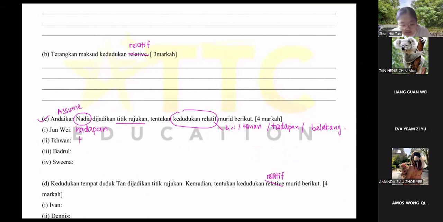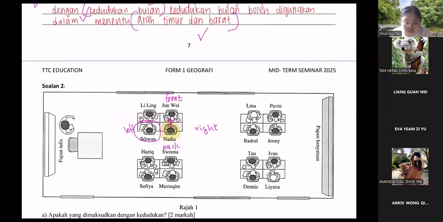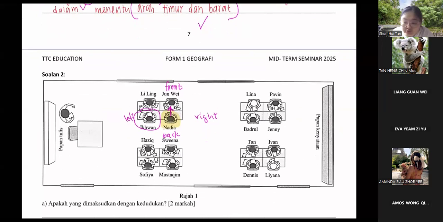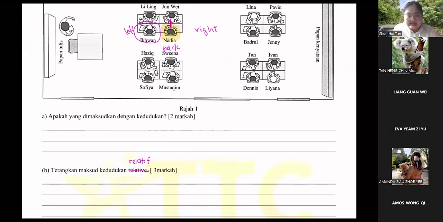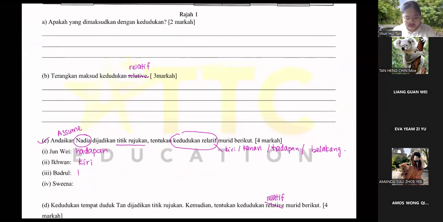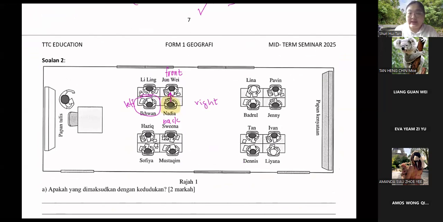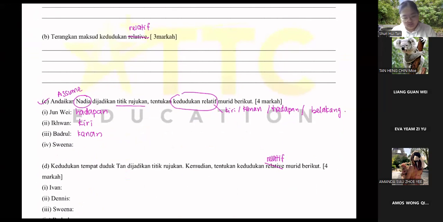I1 duduk di kiri. Then how about Badru? Badru, I already gave you the answer. Yes, kanan. Great. And the last, Swina. Swina is actually at the back, belakang. All right.